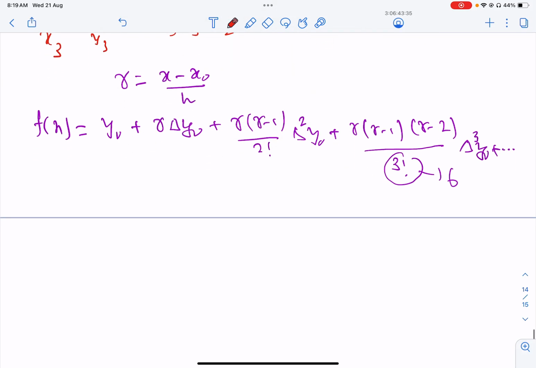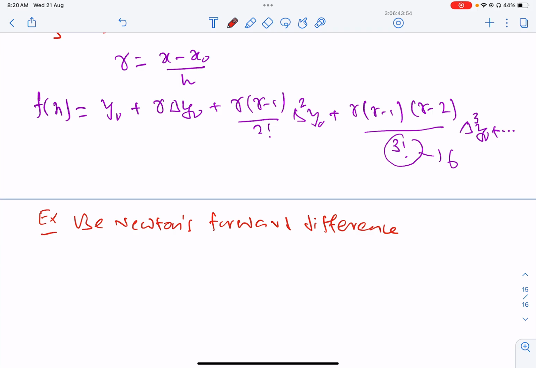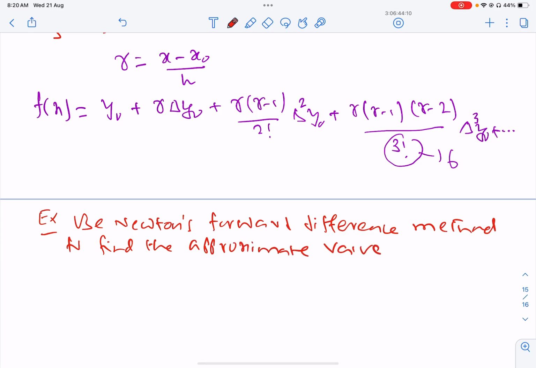So let us solve one example. Use Newton's forward difference method to find the approximate value of f(1.3) from the following data.